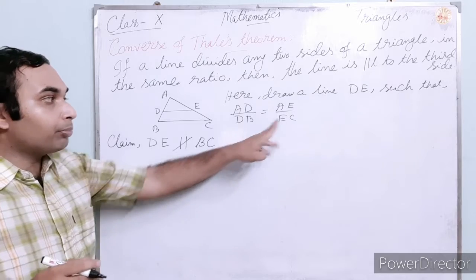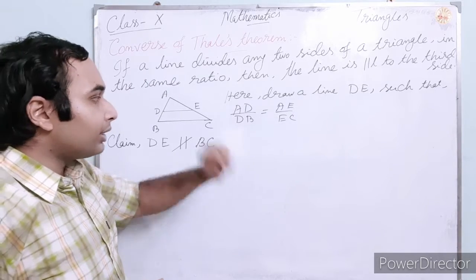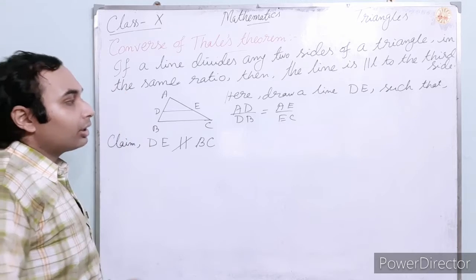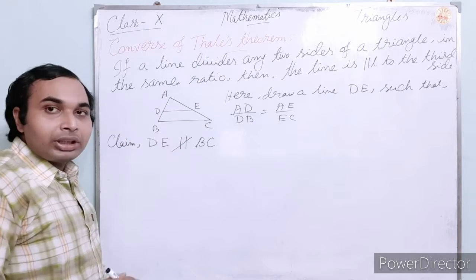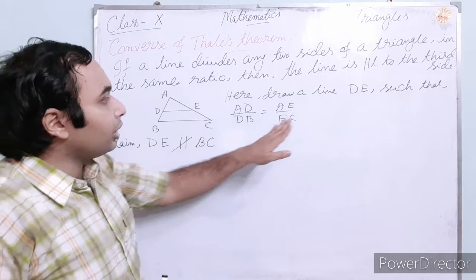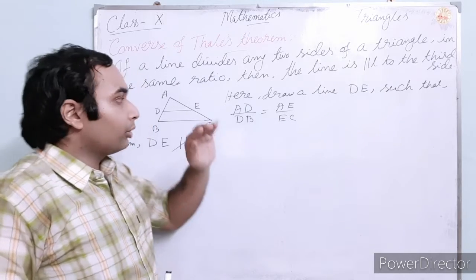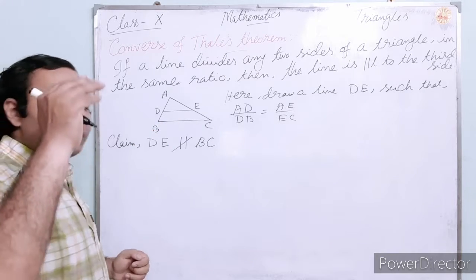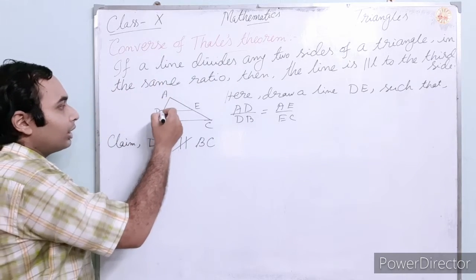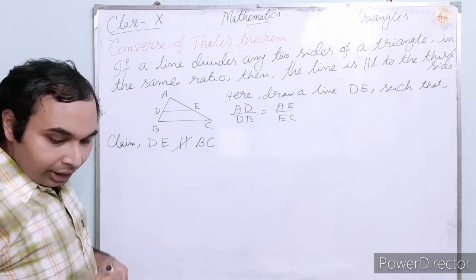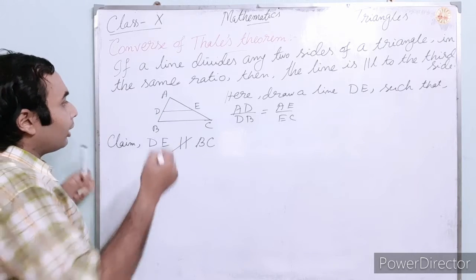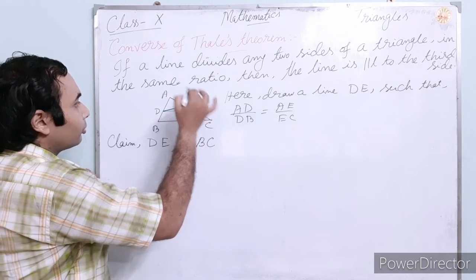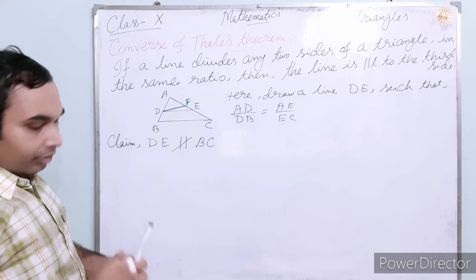So by Thales theorem, there must be another line that is parallel to BC. Let us name this line DF.